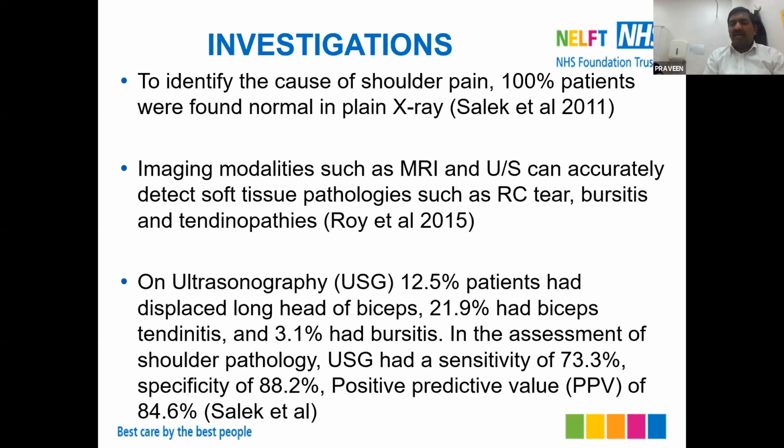The appointment to get an ultrasound scan is probably quicker, it's cheaper, but the only downside to an ultrasound image is it's user sensitive. And again, Salek et al. in their study have demonstrated the specificity and sensitivity of ultrasound scan in shoulder imaging.